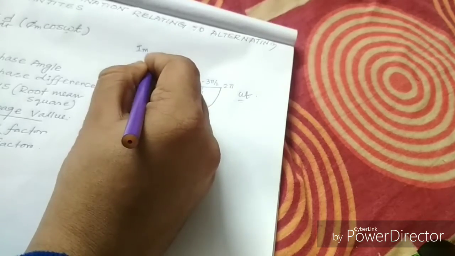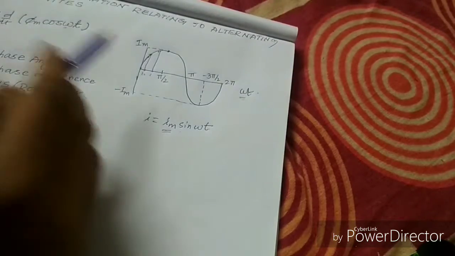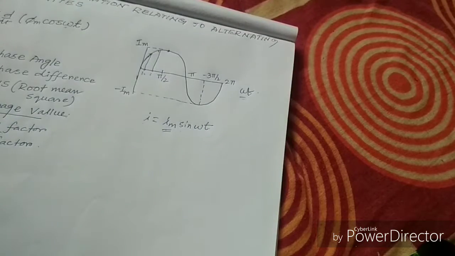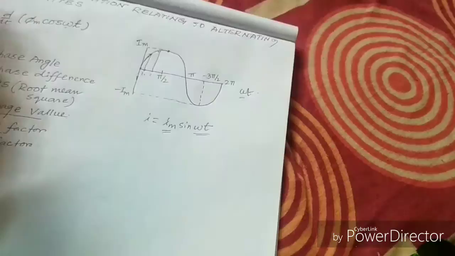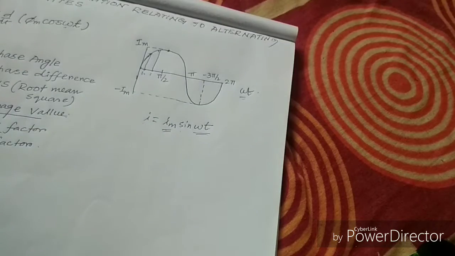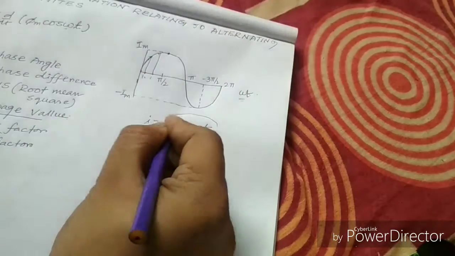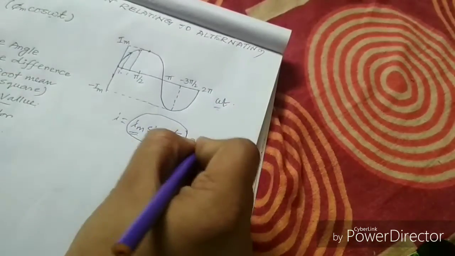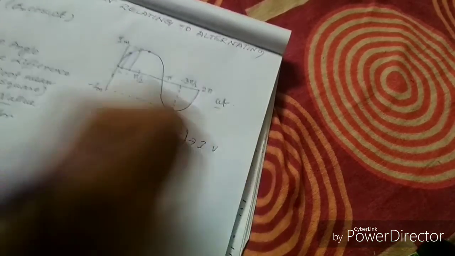In this omega t, this is the current; in this omega t, this is the current. For any value of omega t, I equals Im sine omega t. This is called the instantaneous value.